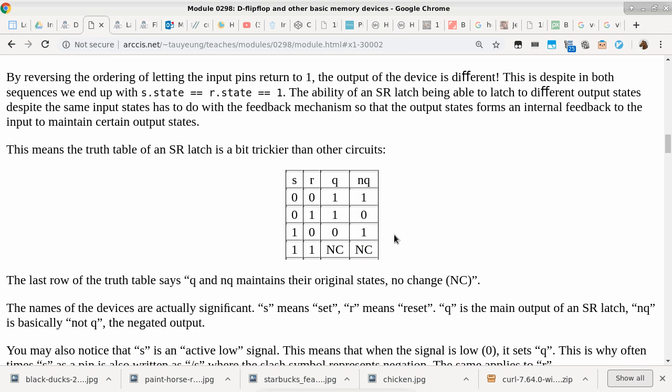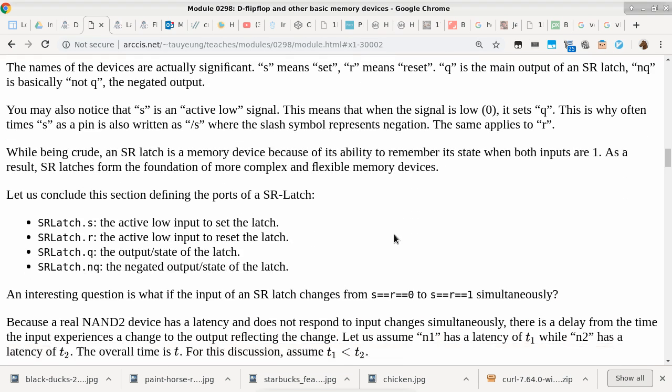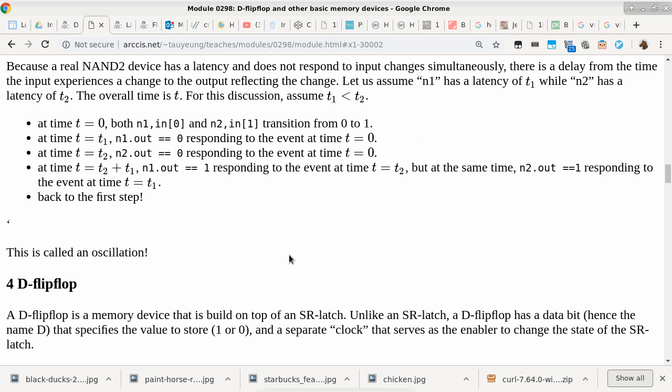And of course, we got this table. And it even talks about the oscillation. So if you read the notes, you'll get the same thing as what I just talked about, except it's written instead of spoken and with demonstration.